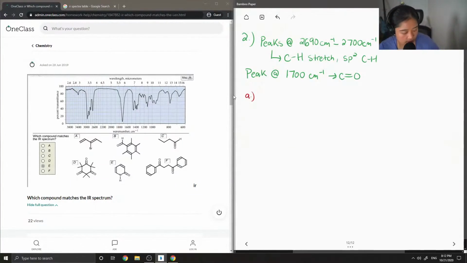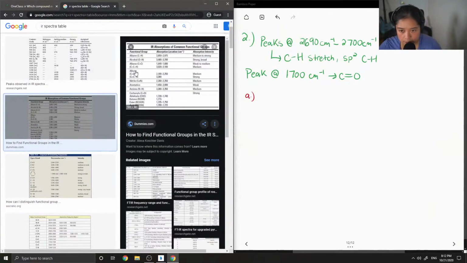So let's look at A. There are 2 double bonds. So if we look at the absorptions you expect to see for alkenes, you'll see it's in around like the 1,600 range and also the 3,000 range.